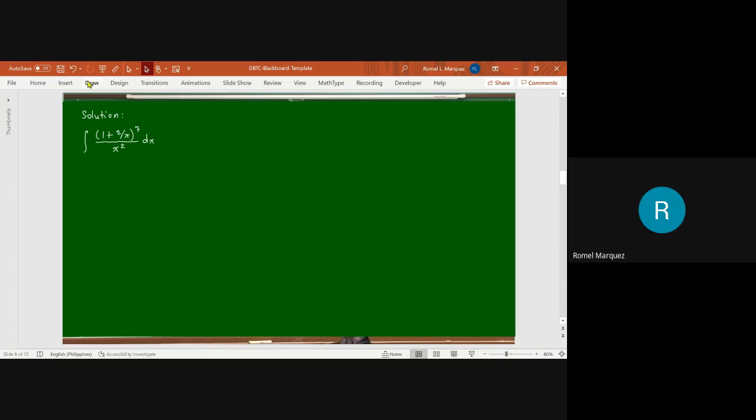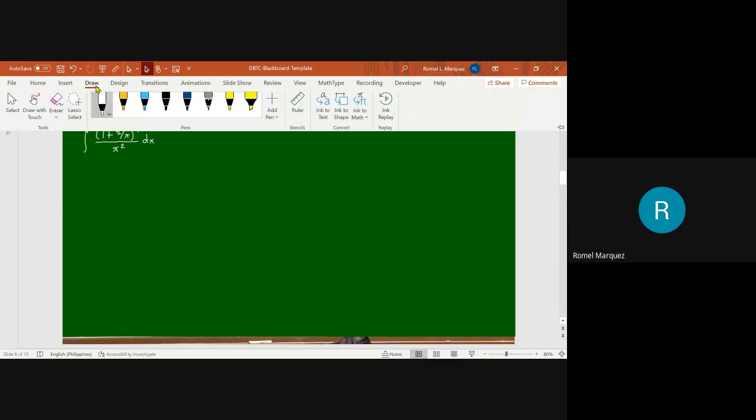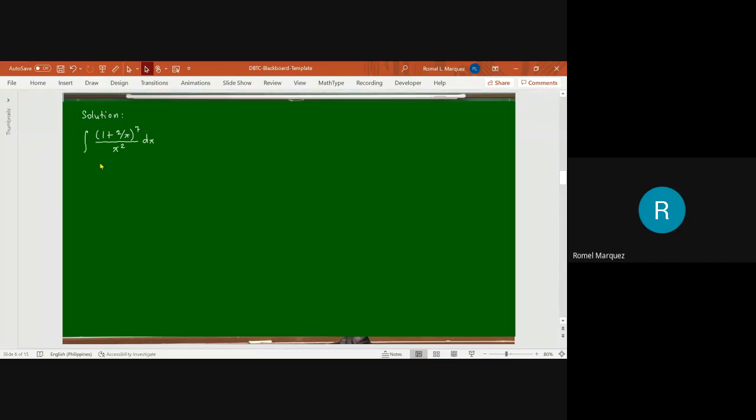What is a possible u? What do you think? So the wise choice of u is, of course, 1 plus 2 over x. What is the derivative of 1? 0. What about the derivative of 2 over x?